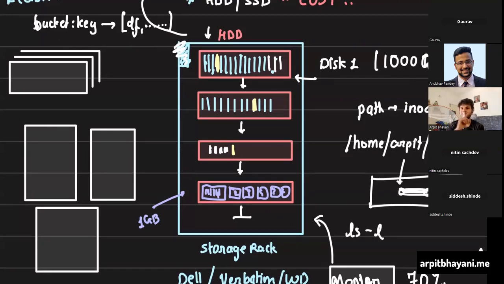Great question. Why do you need parallelization? Because, let's say there's a request to read a 1 GB file. The whole load would be on one particular HDD, and it will sequentially read it and serve it.